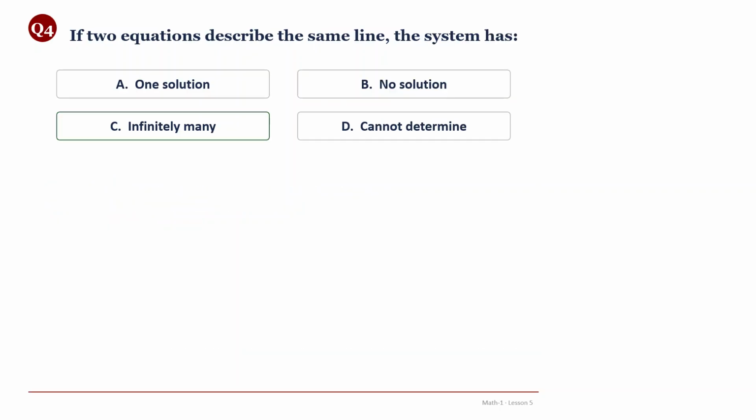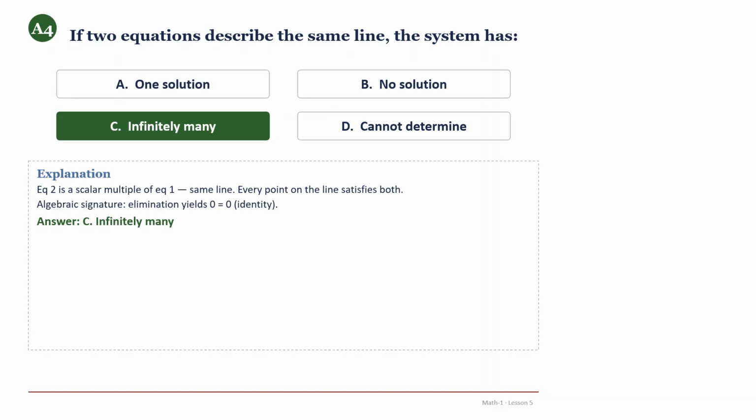Question 4. If two equations describe the same line, the system has which of the following? One solution, no solution, infinitely many solutions, or it cannot be determined. Think about what it means for every point on the line to satisfy both equations. The answer is C, infinitely many solutions.